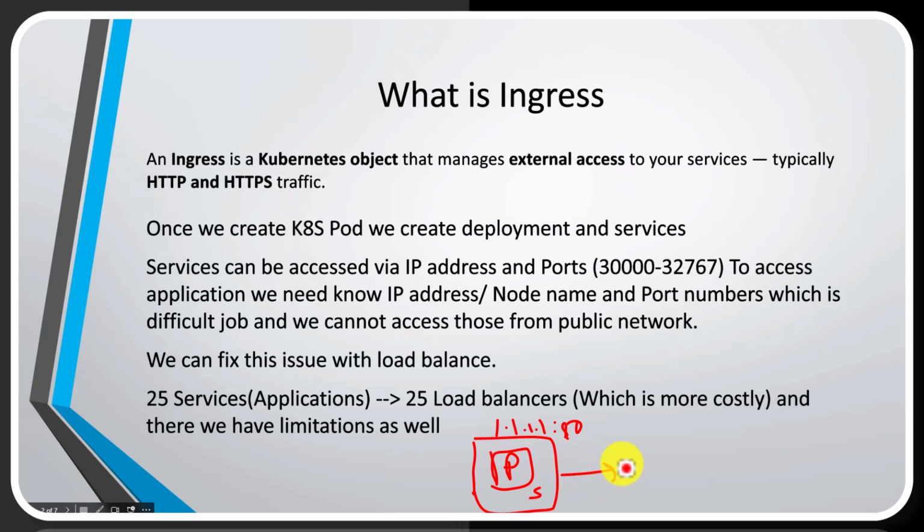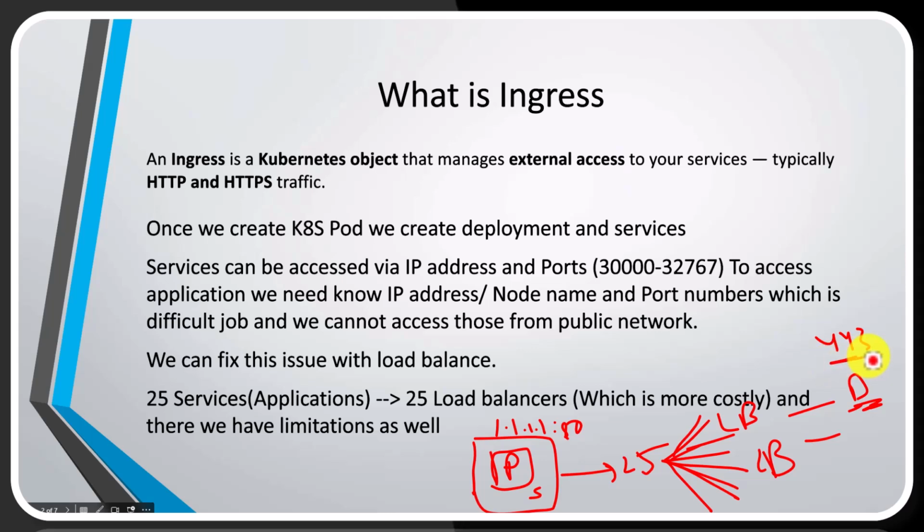For example, if you have 25 Kubernetes services, you need to create 25 load balancing services to map these. What we will do, these 25 load balancers will map to the domain. For example, amazon.com, microsoft.com, like that, or your own .com with port 443. The 443 port number is for HTTPS.